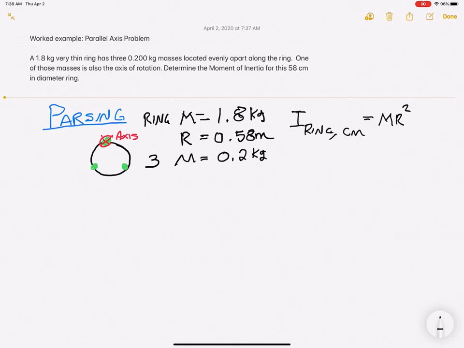So we know that definition. What we don't know is the moment of inertia of the ring about its edge.